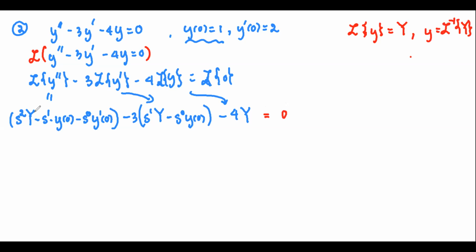So simplify a little bit more. Now we have s squared capital Y, minus y at 0, which equals 1, and y prime at 0 is 2.